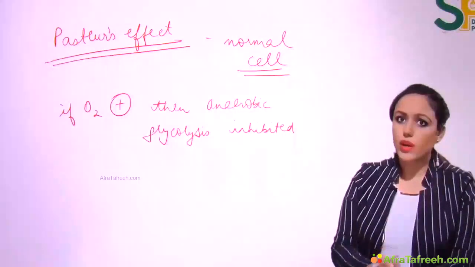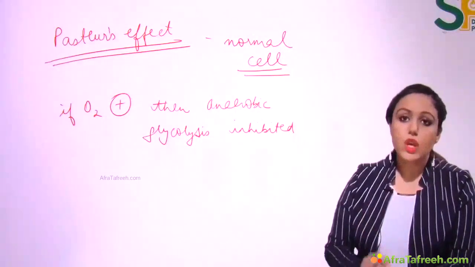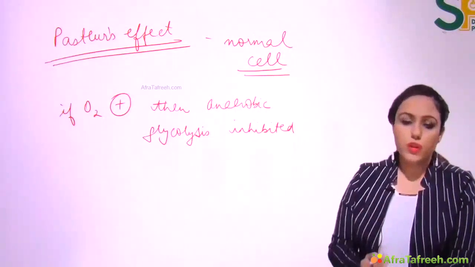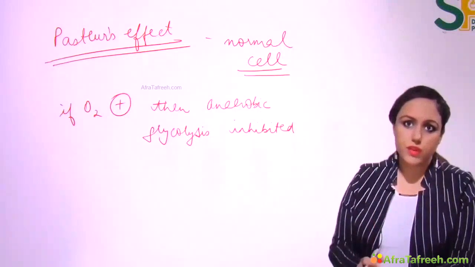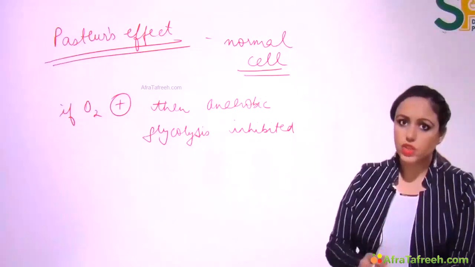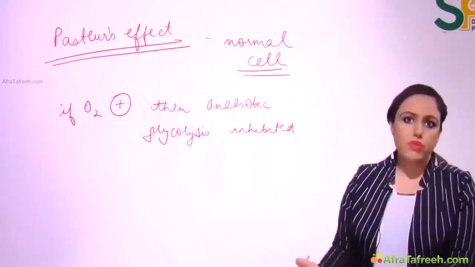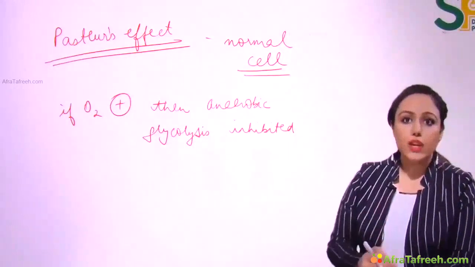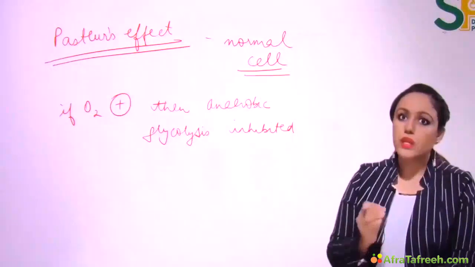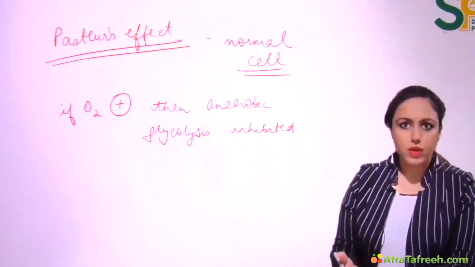Whenever oxygen is present, anaerobic glycolysis will be inhibited, so that we can use glucose to obtain 32 ATPs by aerobic glycolysis.